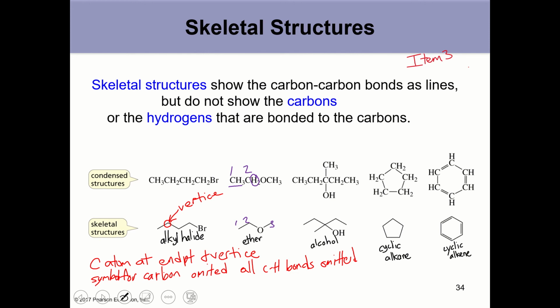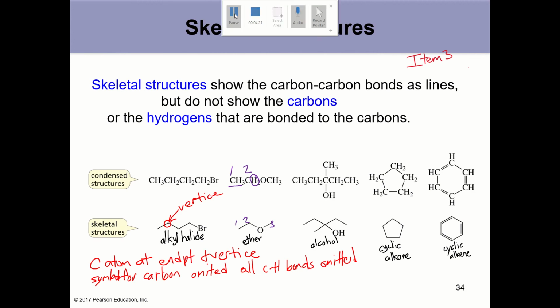You need to be able to interpret and draw the skeletal structures and be very, very familiar with them. And I am going to give you guys an extra assignment that I expect you to turn in for drawing Lewis structures. The handout is going to be posted in files.